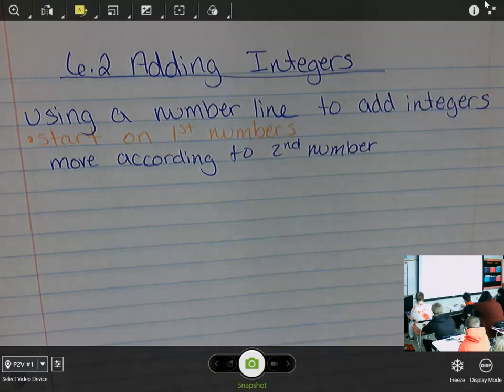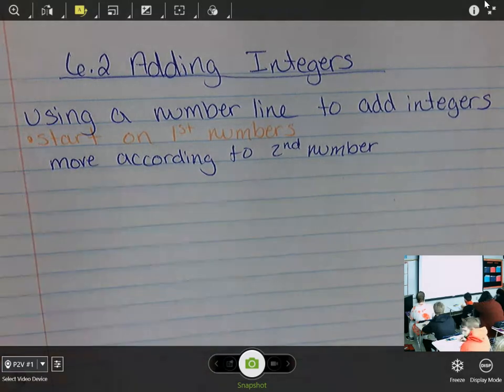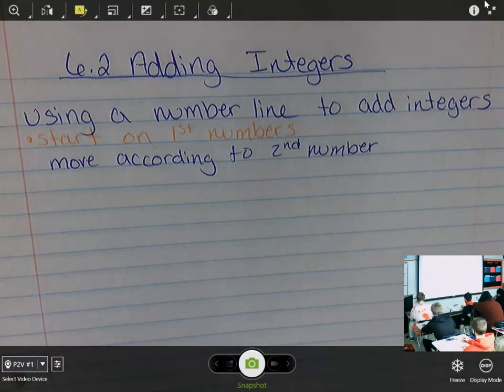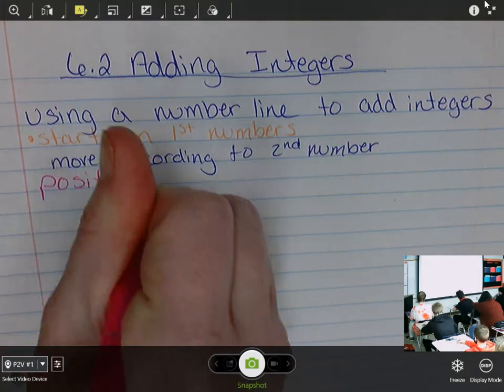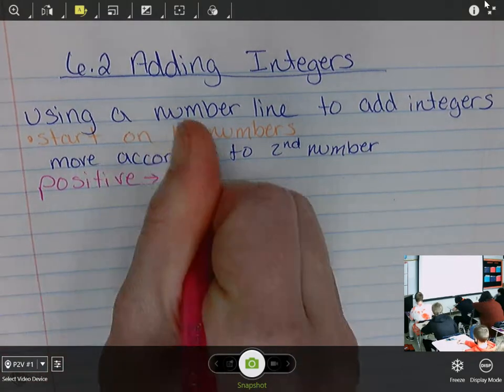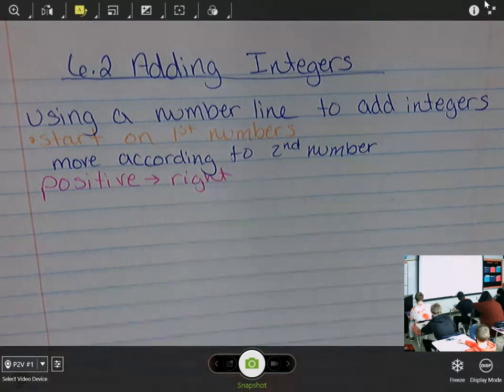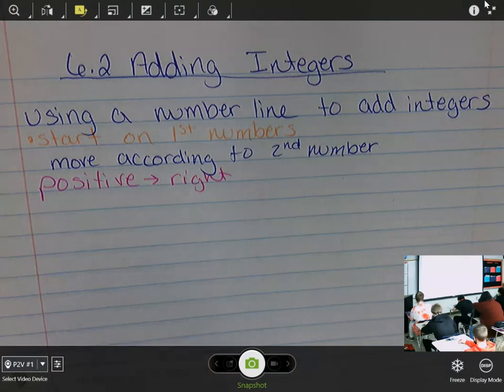If the second number is positive, you move to the right, and you move that many spaces, however many it tells you.